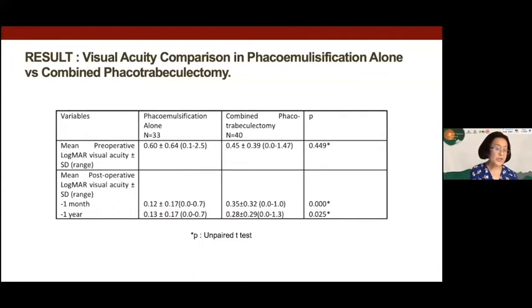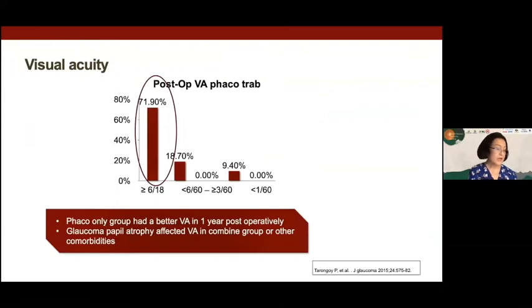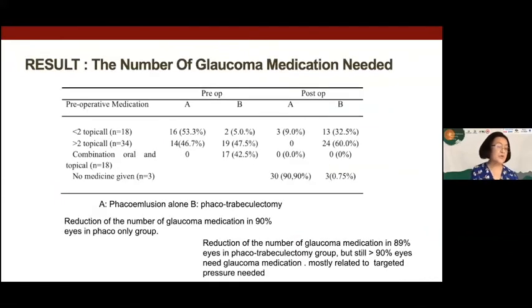In terms of visual acuity, our study shows visual acuity in the phaco-only group was better than in the combined phaco-trabeculectomy group. Next is the number of glaucoma medications needed in the 2 groups.